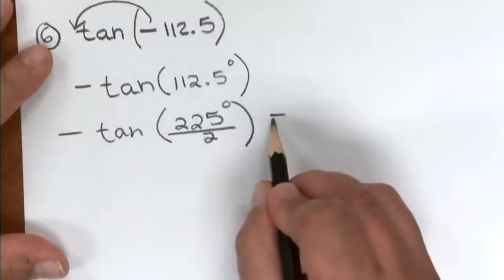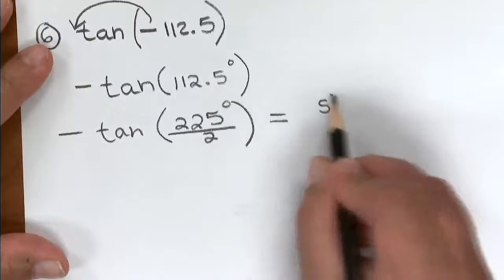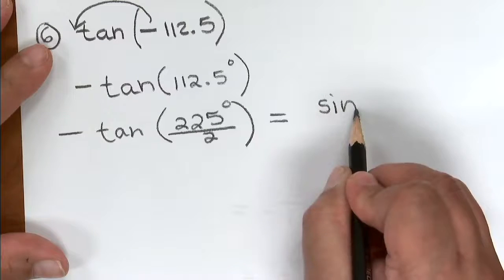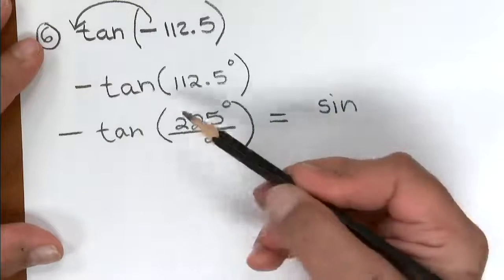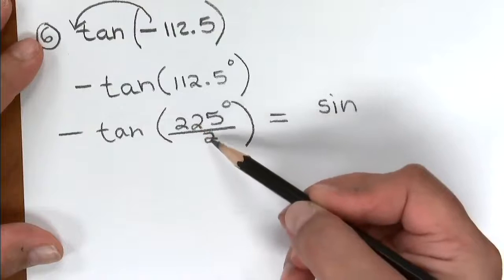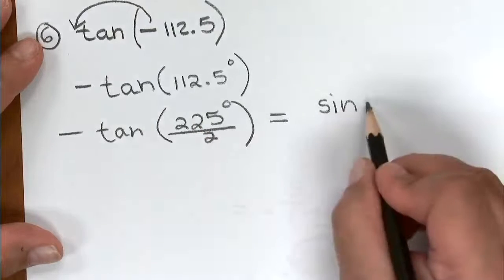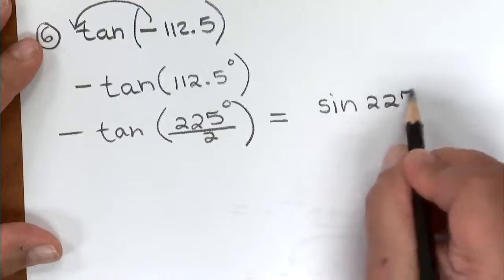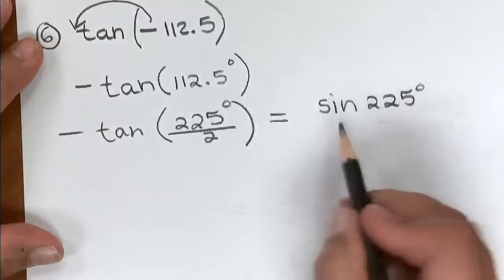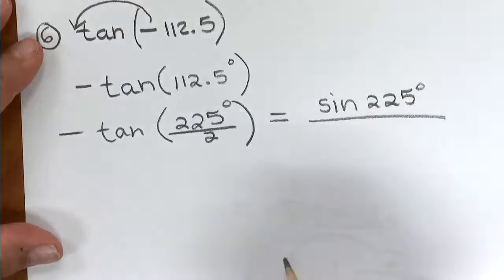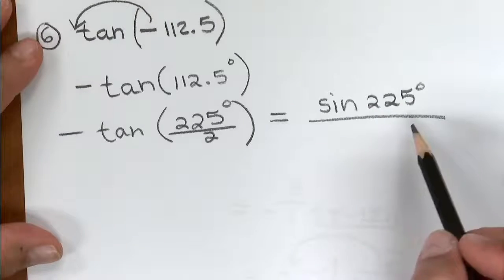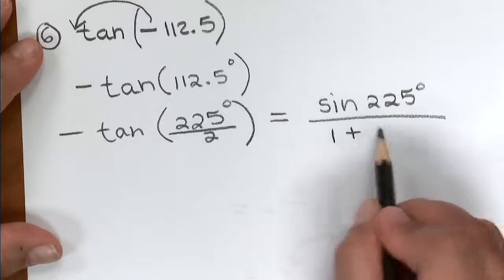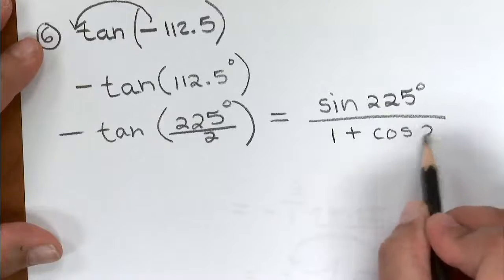So this is going to be tan of some angle that you're cutting in half, and then over here it's sine of that angle, and then it's 1 plus cosine of that angle.